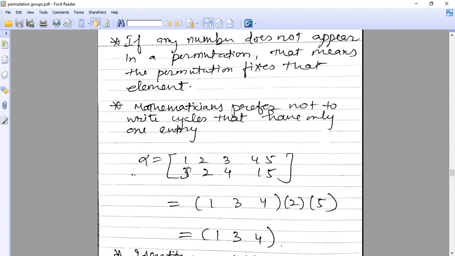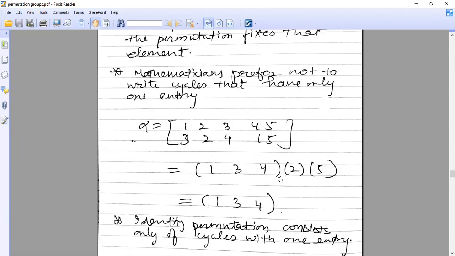Suppose you have this permutation alpha, then if you break it into cycles, you have this cycle, 1 is going to 3, 3 is going to 4, and 4 is going to 1. So (1 3 4), this is your cycle. Then 2 is going to 2, so this is a cycle with one element. 5 is going to 5, this is another cycle with only a single element. So you can omit these two cycles from here. You can just write (1 3 4). So if you have only one single element, then you can just remove that entry.